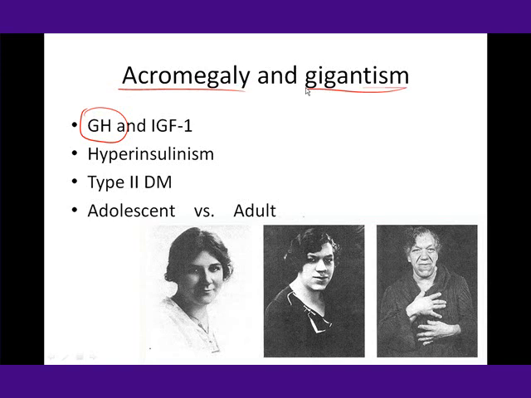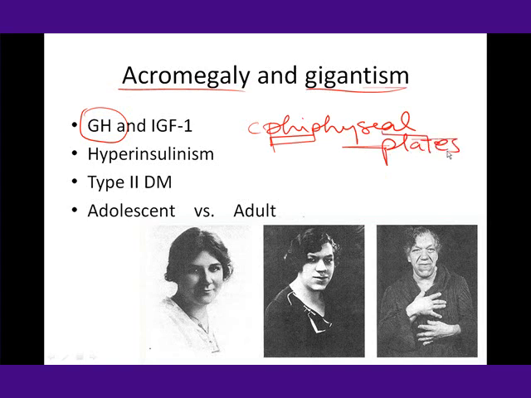If an individual has not yet stopped growing, in other words, their epiphyseal plates are still open, you'll remember the epiphyseal plates are where we have cartilage present that allows for elongation of long bones such as the femur or the humerus.